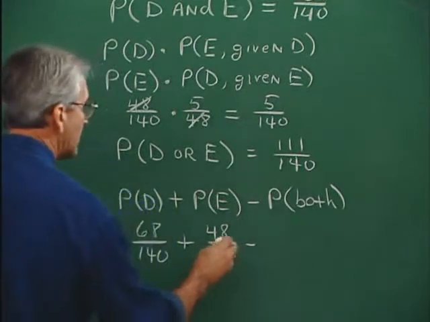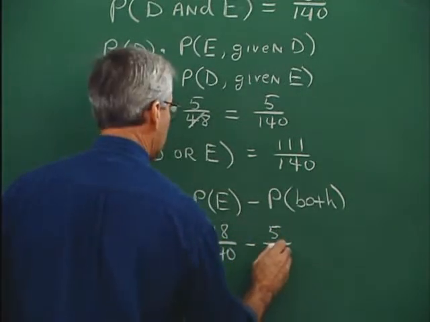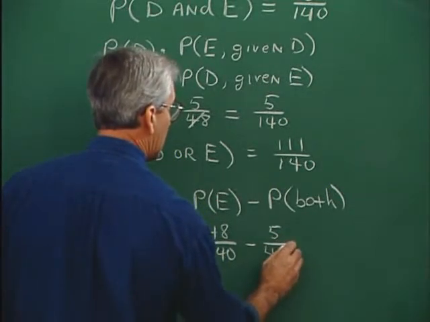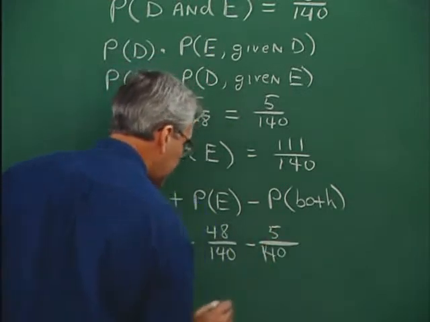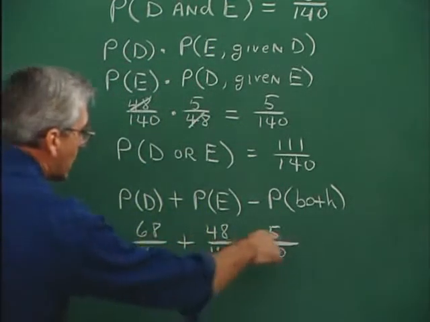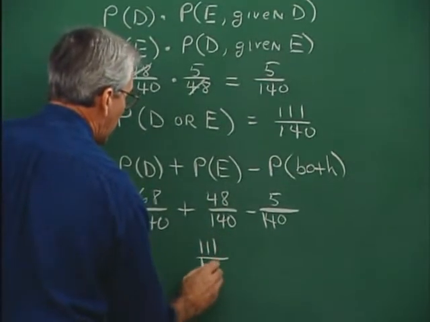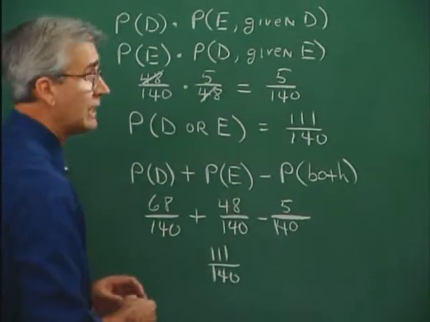Well, we found that to be 5. We saw it over there in the chart. 5 over, excuse me, 5 over 140. And then when the smoke clears here, we find this to be 111 out of 140, and that's what we found when we looked at the situation kind of intuitively.